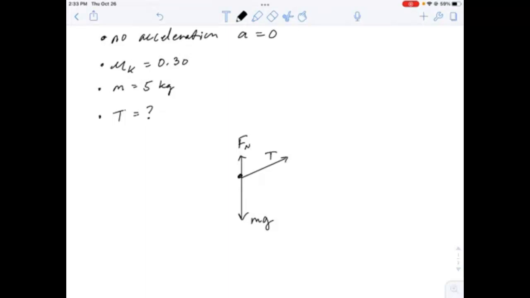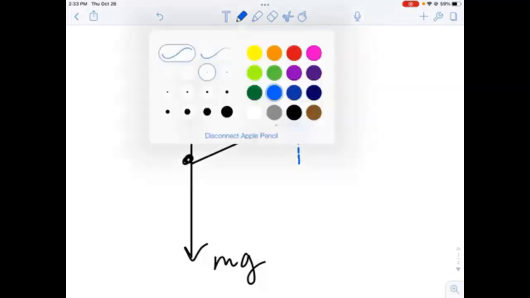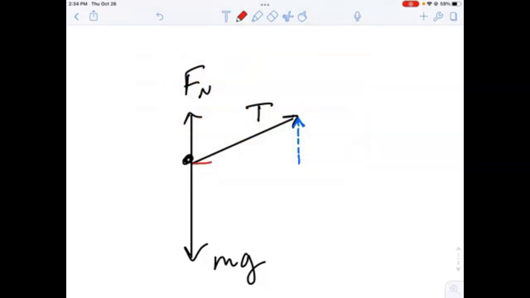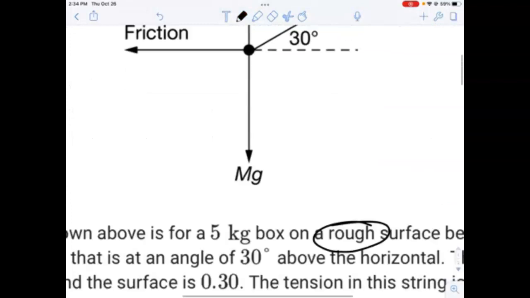There's a component of tension that's vertical, and there's a component of tension that's horizontal. And we know that angle is, I believe, 30 degrees.